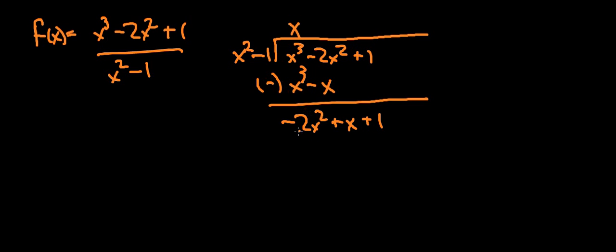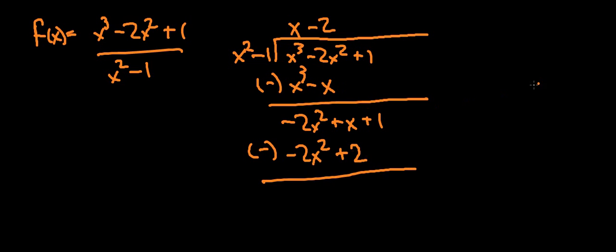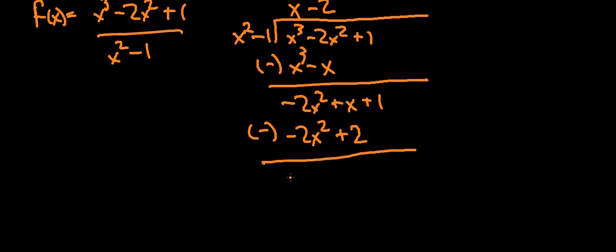So in order to be equal to minus 2x squared, I need to multiply this by minus 2. Multiply minus 2 by this: minus 2x squared plus 2. Now I'm going to be left with a positive x and a minus 1.